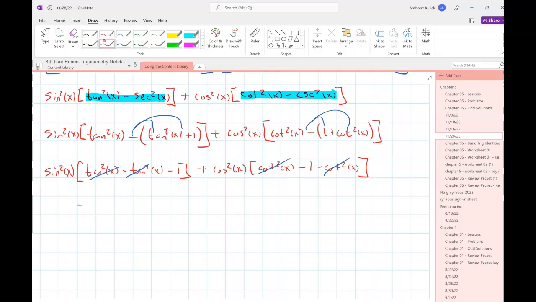What do we have? -1 times sine squared plus -1 times cosine squared. Factor the negative sign off. What does that look like? That's P1, right?